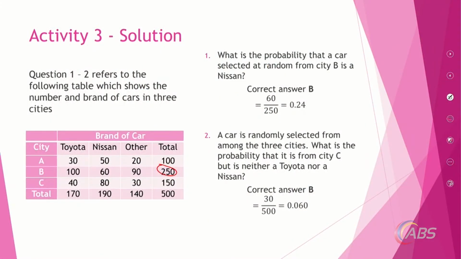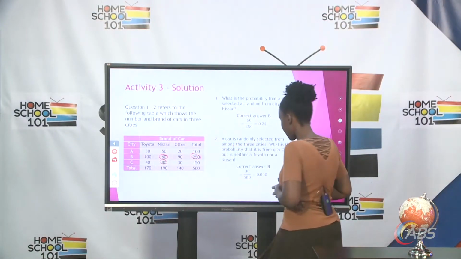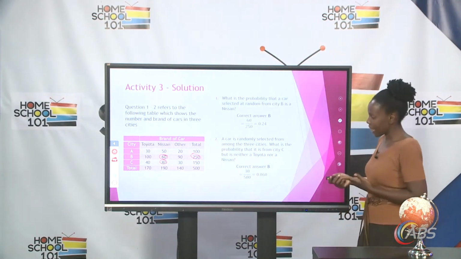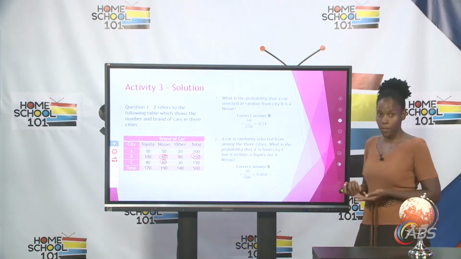Then we need to find the probability that it is a Nissan, so we look at the total number of Nissans from city B. From city B, there are 60 Nissans. Hence, it will be 60 divided by 250, which gives a value of 0.24. So in this case, the correct answer would have been B, which is 0.24.